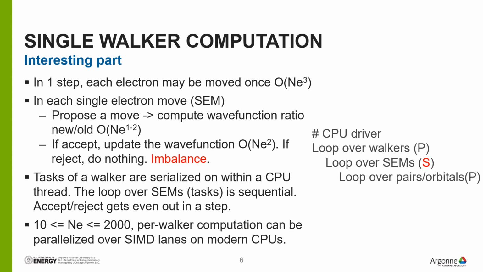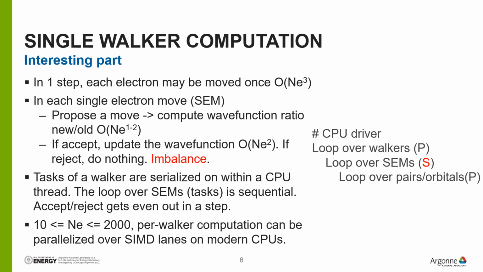So what we typically solve on the CPU is all these tasks of a given walker are just serialized within a CPU thread. So for a given walker at a given single electron move step, it may accept, may reject, but over time, when all the electrons' moves have been proposed and handled once, the ups and downs, the cost evens out. That's why, if you remember the previous slides, I said, after one step, the timing becomes the same for each walker.